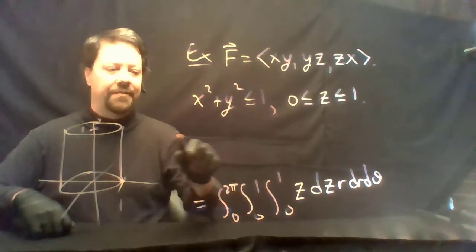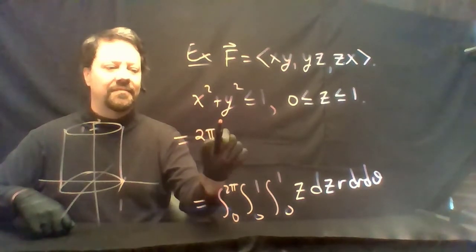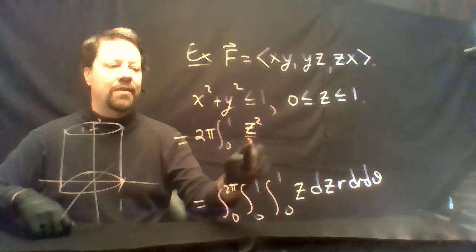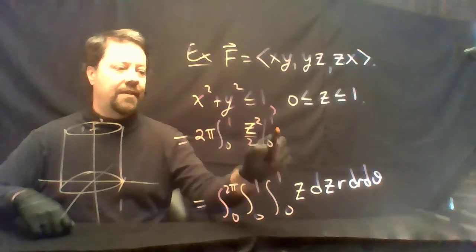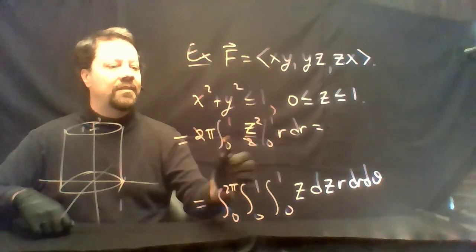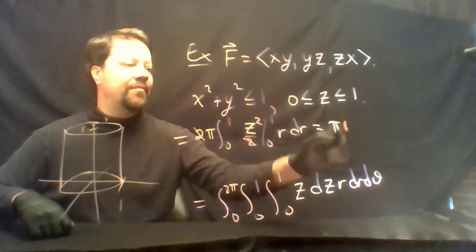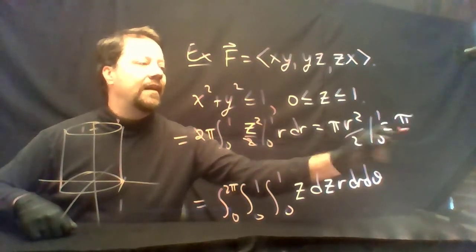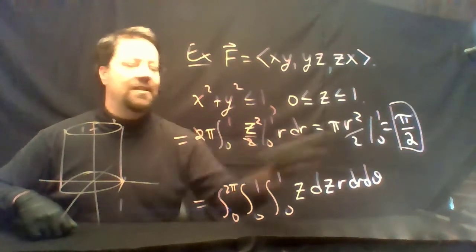We get a 2 pi for free. Integrating with respect to z, we'll have z squared over 2 evaluated from 0 to 1, and the r left over. We'll have pi r squared over 2 evaluated from 0 to 1, and the answer is pi over 2.